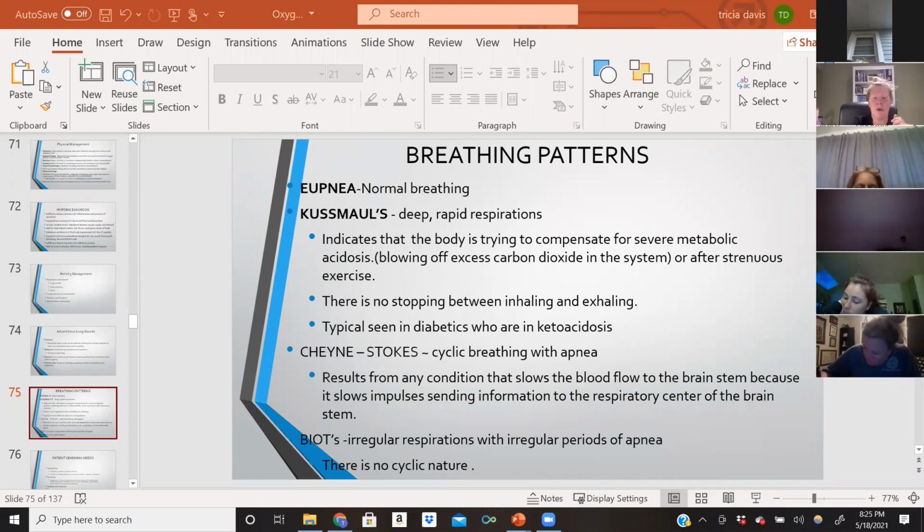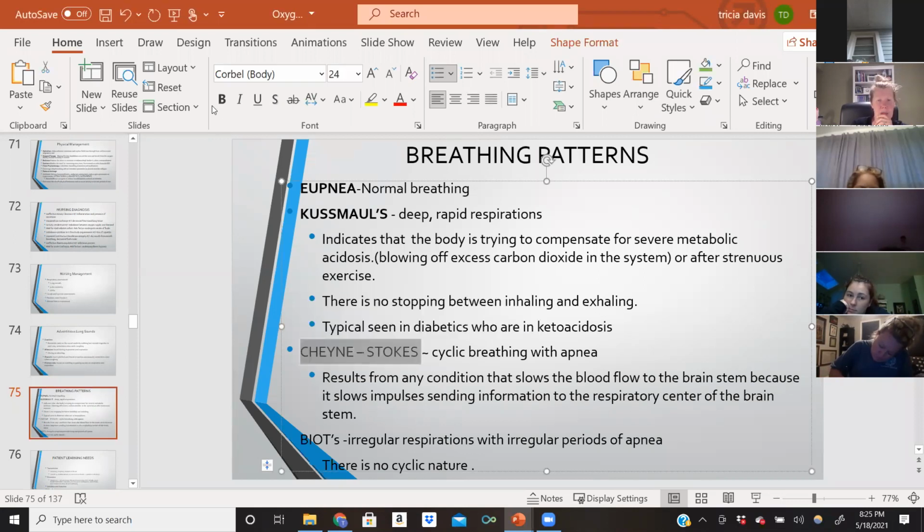These are Cheyne-Stokes, you remember these from your end of life lecture with Dr. McNamara. We commonly see these during end of life. It is cyclic breathing patterns with periods of apnea. So these will result from any condition that slows the blood flow to the brain.